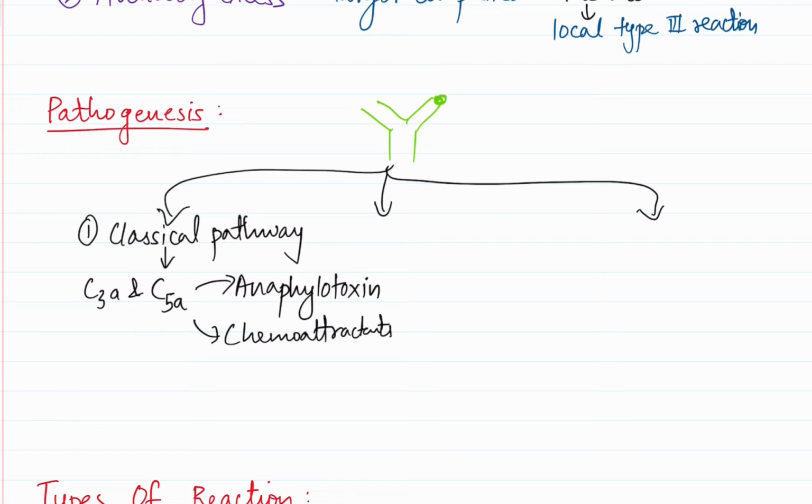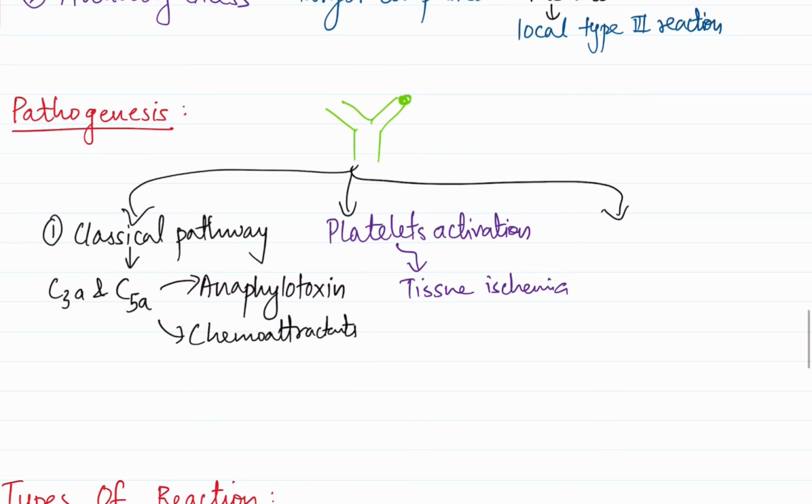The second mechanism that is important for us is the activation of platelets. When the platelets are activated, it could lead to damage in blood vessels that could lead to tissue ischemia. And finally, Hageman's factor is activated.